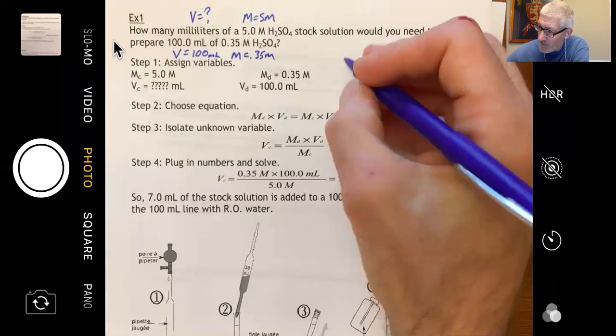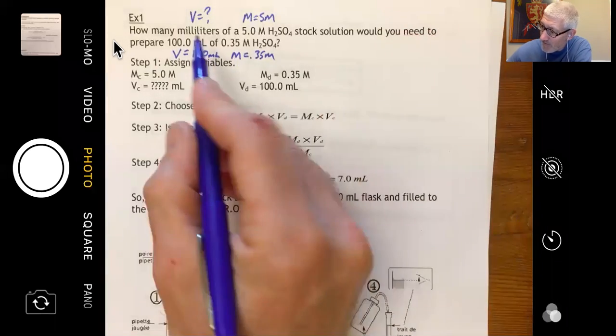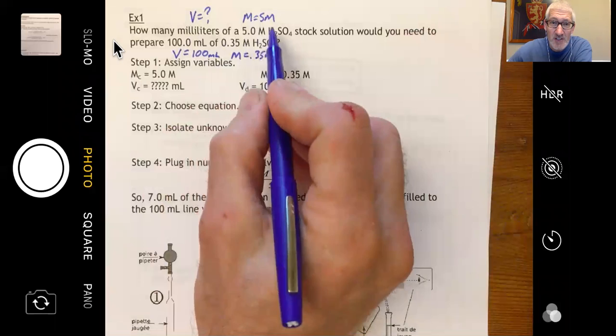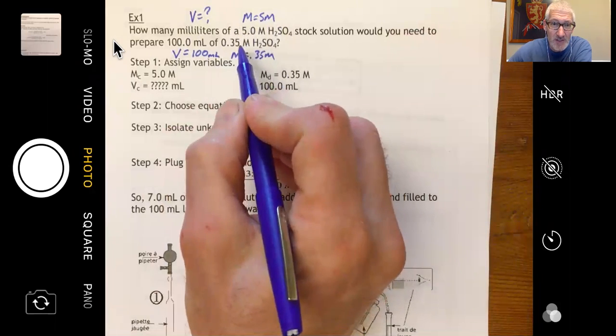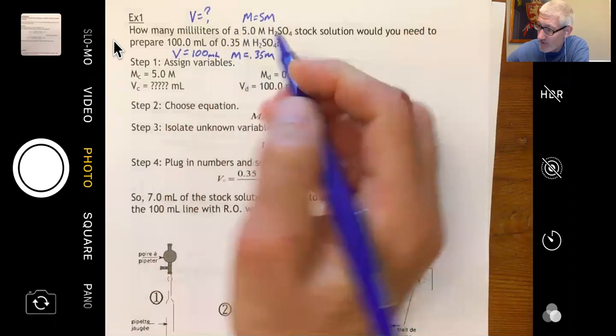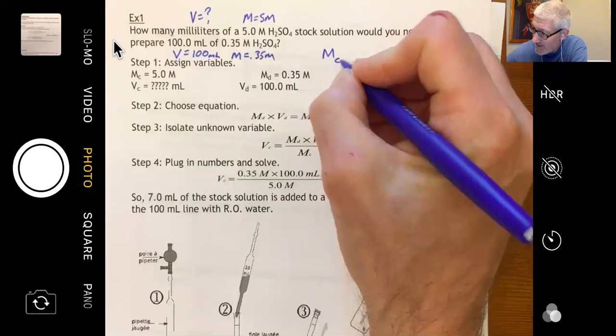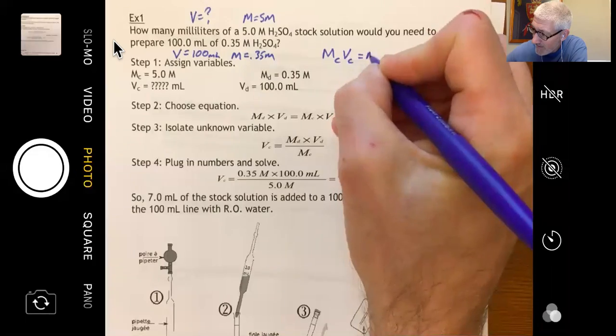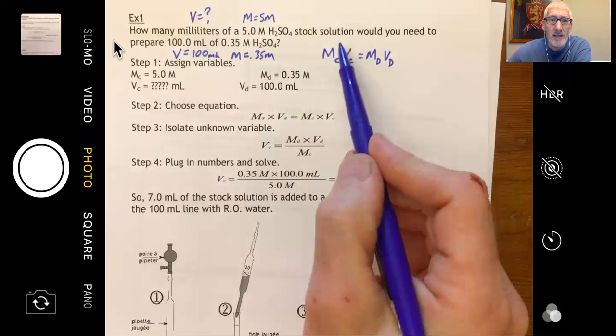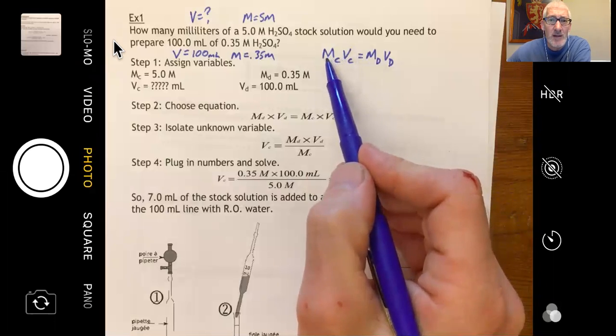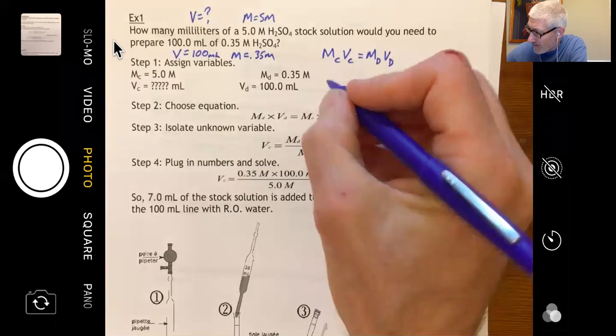And so what I can do is say, look, if this is the concentration that I have, that is way more concentrated than this. So this would be my concentrated. So if I'm going MCVC equals MDVD, I can say my concentrated molarity is 5.